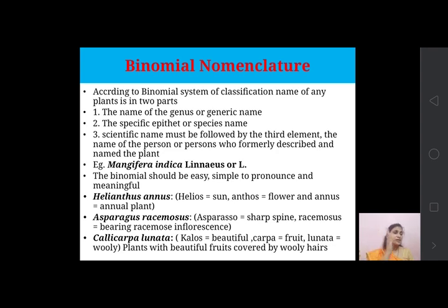Every word has its specific meaning. So kalos is beautiful and carpa is fruit, that means beautiful fruit. And lanata means woolly. So the overall meaning is plants with beautiful fruits covered by woolly hairs.